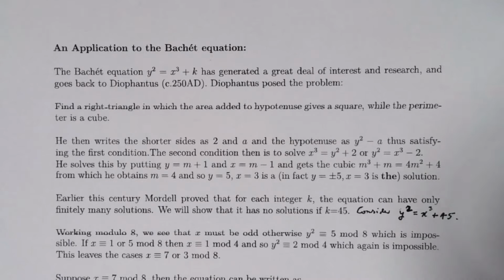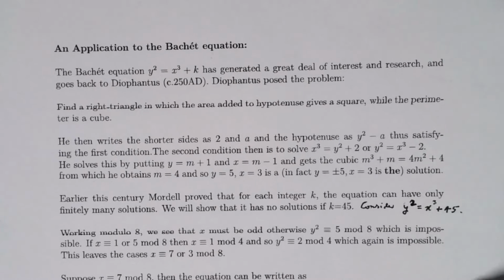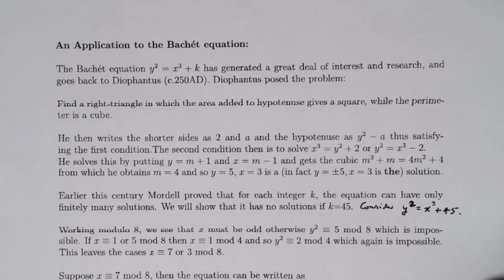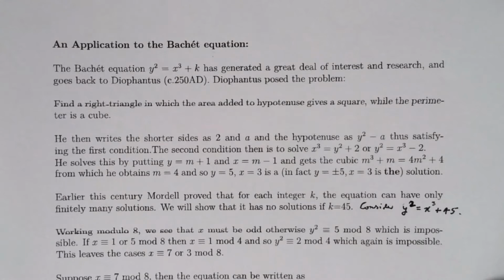You want to find a right-angled triangle such that if you add the area numerically to the hypotenuse you get a square number, while the perimeter is numerically a perfect cube. Well, what he does is he writes the shorter sides as 2 and a, and the hypotenuse as y squared minus a.